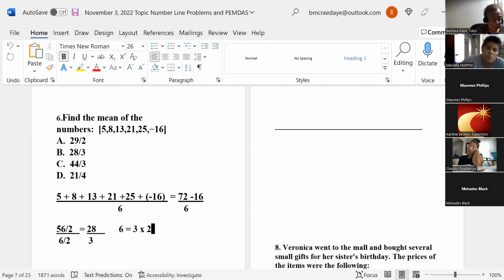But I subtracted the 16 from the 72 and got 56, and then I couldn't figure out how to do it. But you know how to get the multiples of a number, right? So what is the common factor of 56 and 6? It's 2. 2 will go into 6, 2 will go into 56.